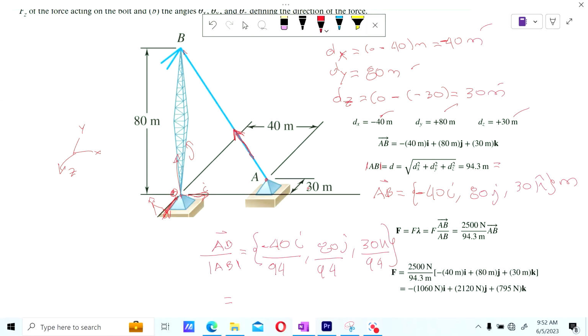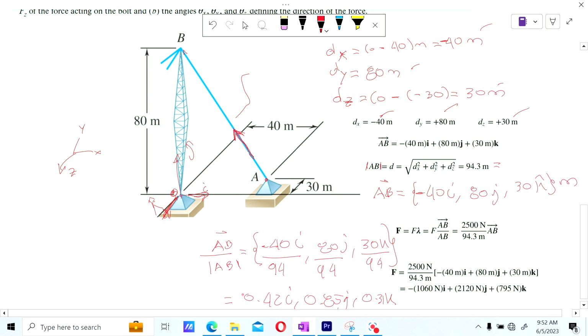Forty divided by 94 equals 0.42 i, comma, 80 divided by 94 equals 0.85 j, comma, 30 divided by 94 equals 0.31 k.